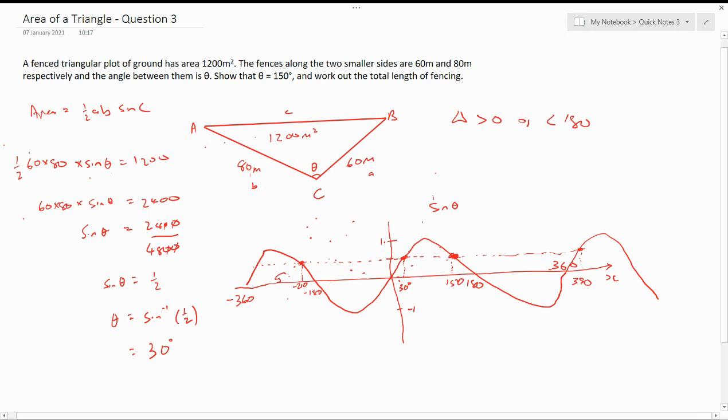And in this case, because it's obtuse, let's put 30 or 150 degrees. Obtuse, so 150 degrees is the answer. Okay, good. I'll let you work out the total length of fencing. For that, you can use your cosine rule, find C, and then add 60 and 80 to it.